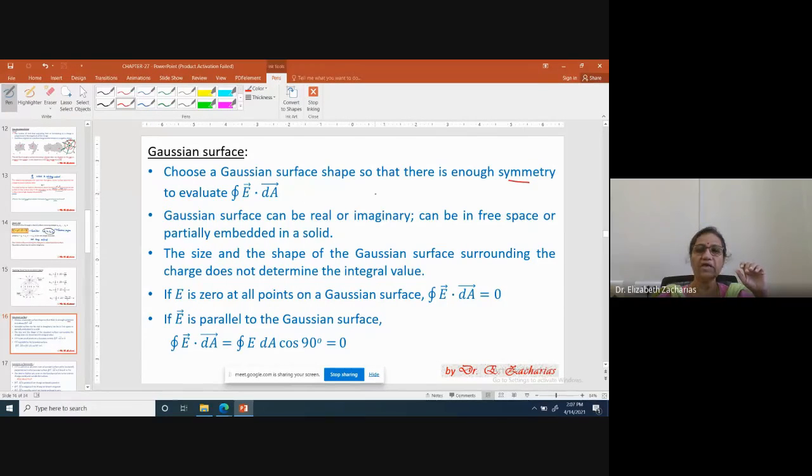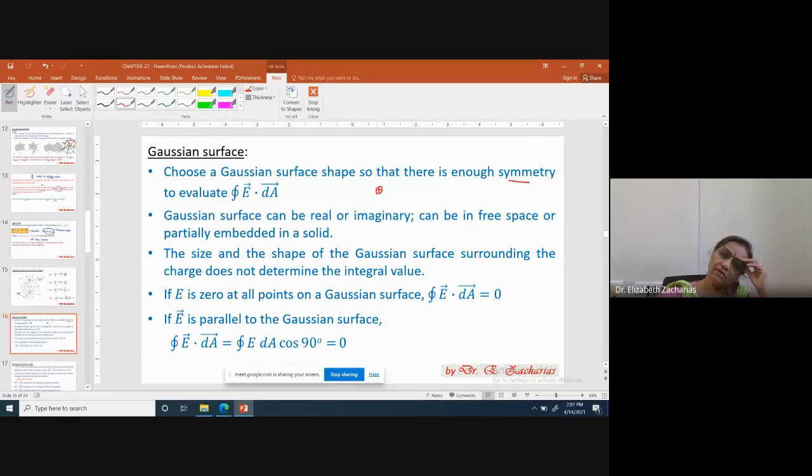Like for example, if I have a positive point charge, what is the geometric symmetry for the field for a point charge? I've used a word. Do you remember? Some symmetry I have used. What is that symmetry? Anyone remembers?